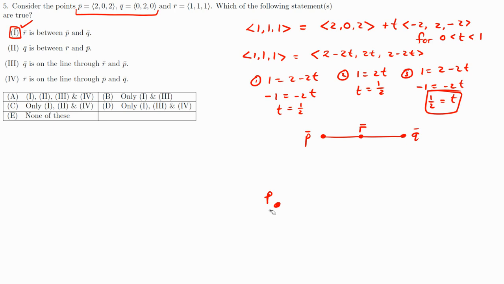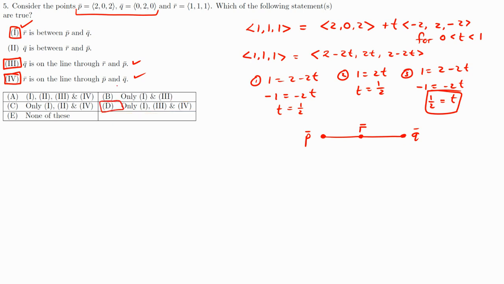So for this to work, R needs to be on that line. So Q is on the line through R and P. Yes, this is correct. And then also R is on the line through P and Q. All of these are on the same line for this betweenness to work. Otherwise, these t values would not be the same. So all of these are correct. The correct answer is D.